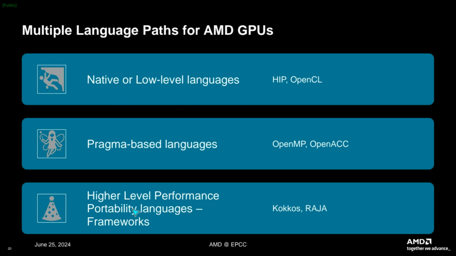And then we have these higher level performance portability languages. Frameworks, in the DOE, this has been Kokkos and RAJA, but there are others, SYCL, which is yet another kernel language, and many others that have sprung up that offer this even higher level of performance portability.